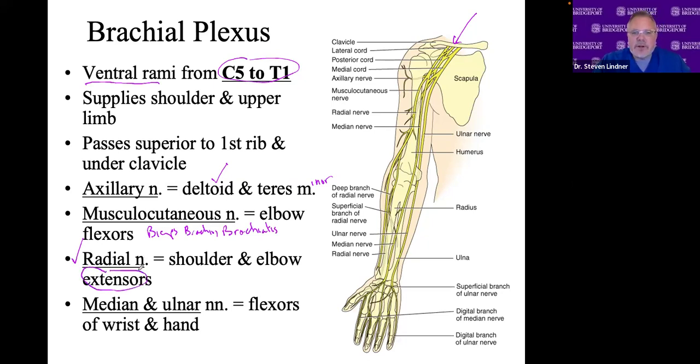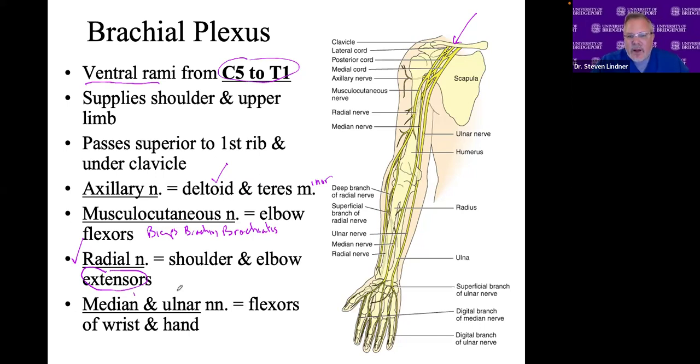The radial nerve extends anything that deals with shoulder extension, elbow extension, wrist extension, finger extension. Like more than 90% of the time, when there's a muscle that deals with extension, it's going to be innervated by the radial nerve.